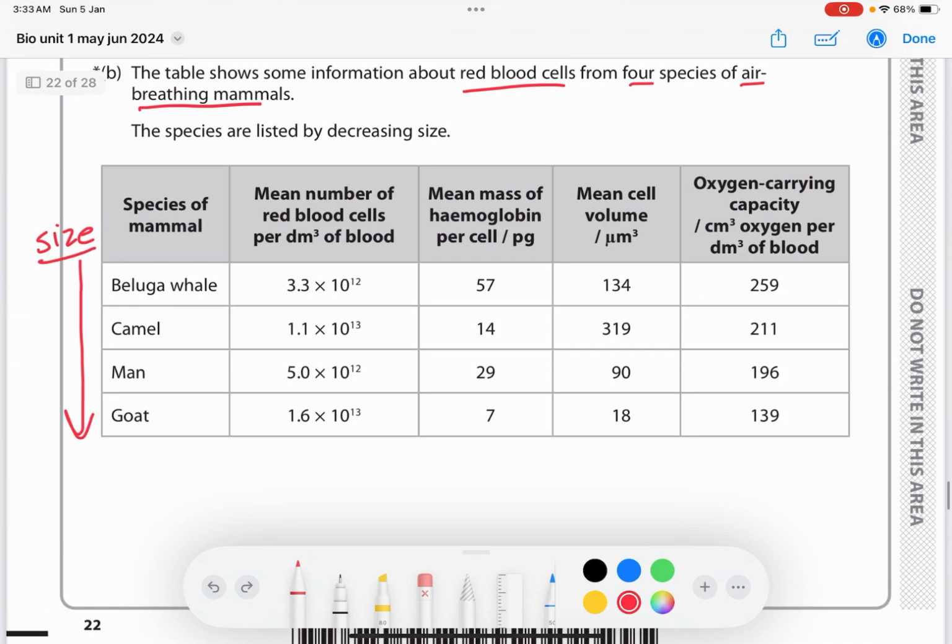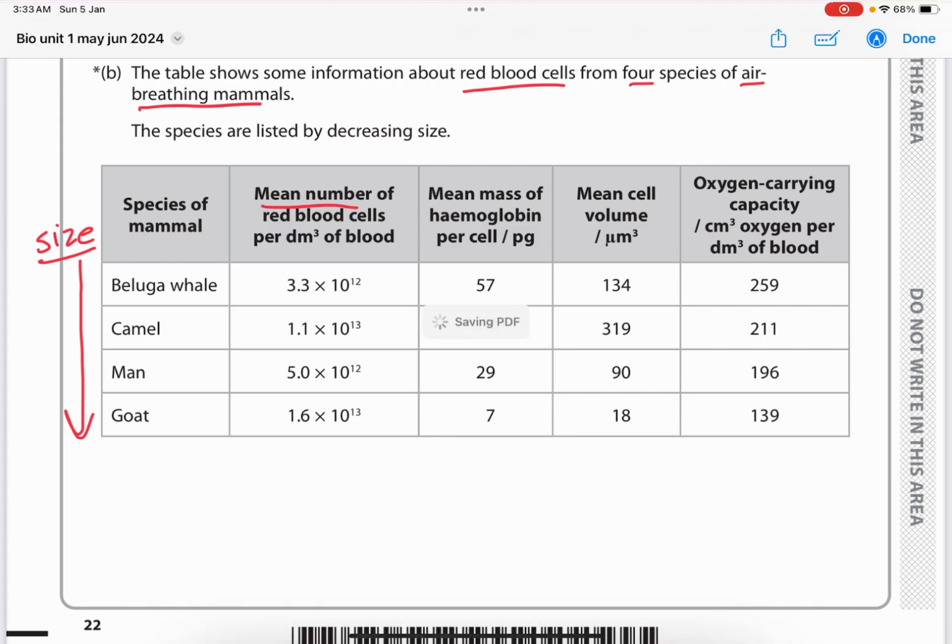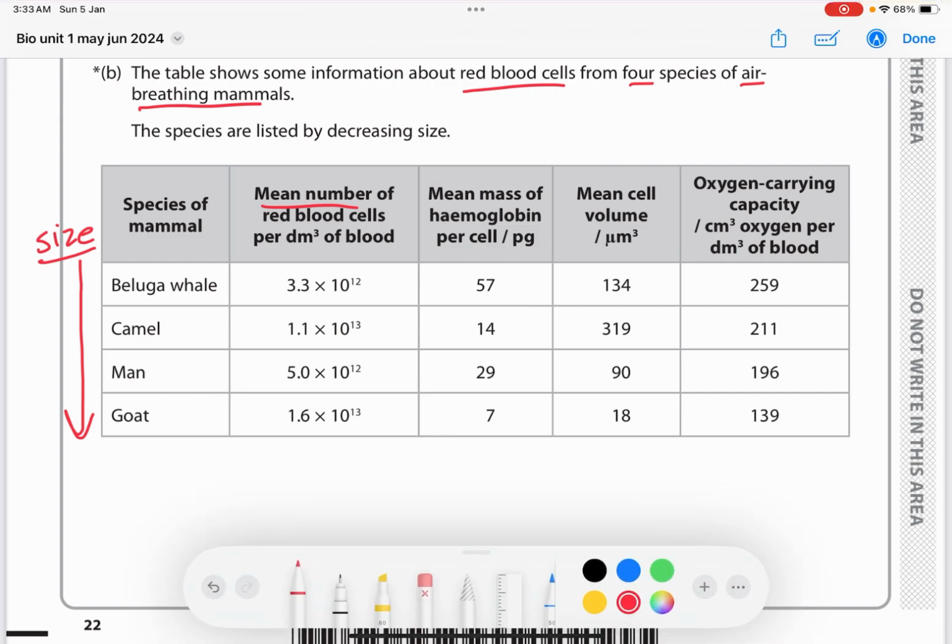Here we have the size. As you can see, it's going down. And here we have the mean number of red blood cells. Really quickly, I'm going to order these values from the greatest to lowest.